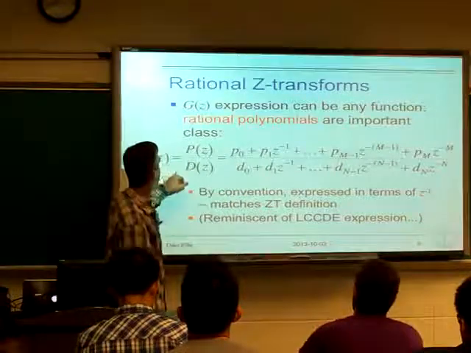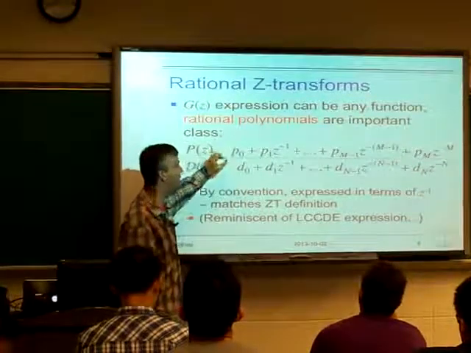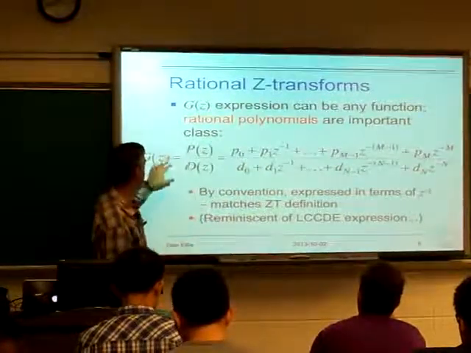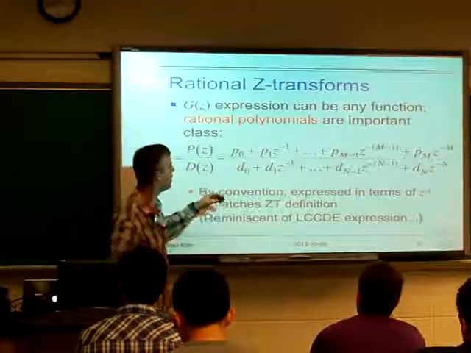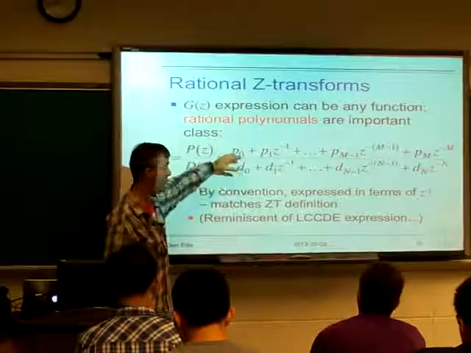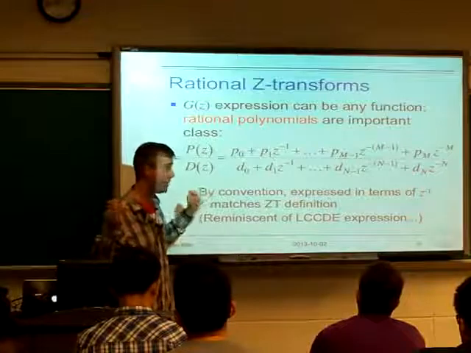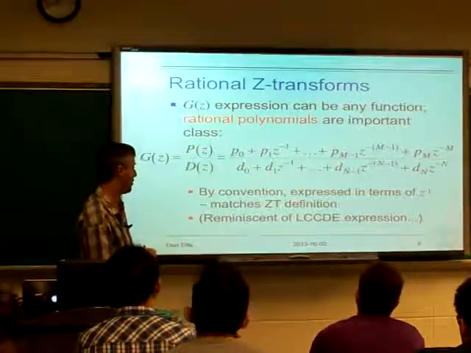So G of Z, I can write it as P of Z divided by D of Z, where P of Z and D of Z are finite order polynomials in Z. We said that G of Z could be regarded as a polynomial in Z, but it's infinite order in general. But if we have it as the ratio of two polynomials like this, you can expand it out as a single polynomial, but it's infinite order, yet you can describe it with these two finite order polynomials.